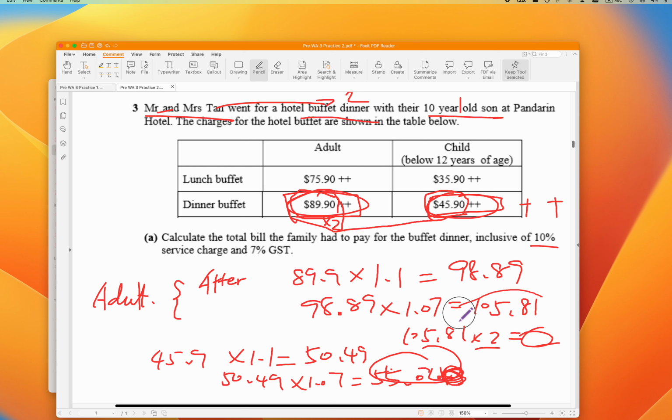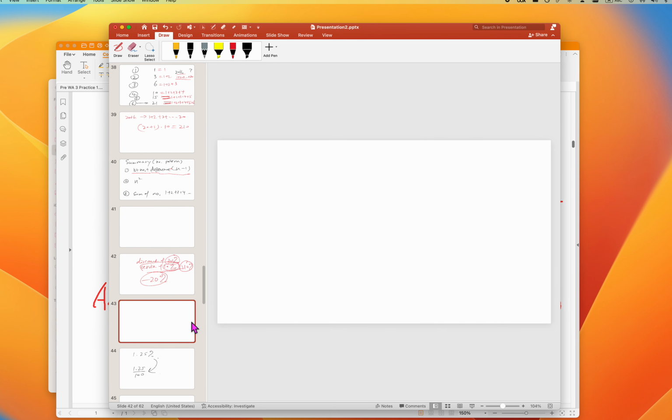One thing I suggest you do is try not to round first. Do you know what happens if you round? Let me give you an example. When do you round and when do you not round? Let's say I have 105.814. You will round to 105.81, right?